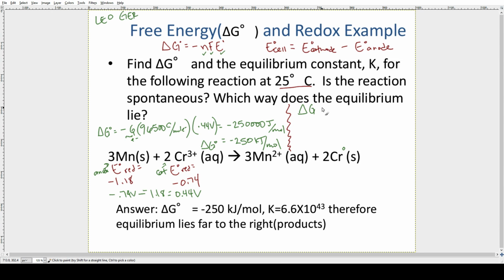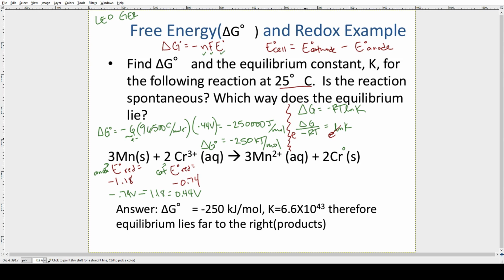It's delta G is equal to negative RT natural log of K. So if I want to solve for K, I need to do delta G over negative RT is equal to the natural log of K. And you might remember from, I think it was the kinetics unit, way back when, if we want to get rid of natural logs, what do I have to do? I have to do e to the, and that cancels this out.